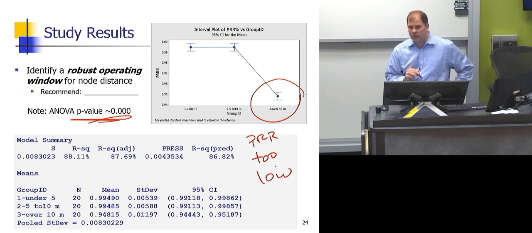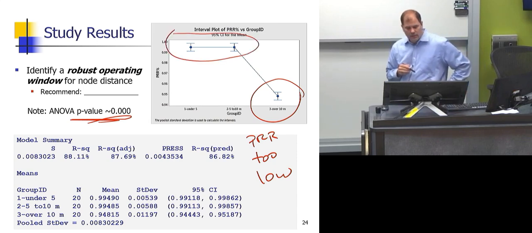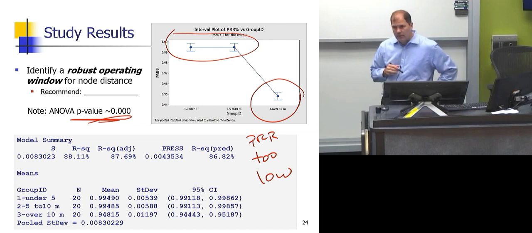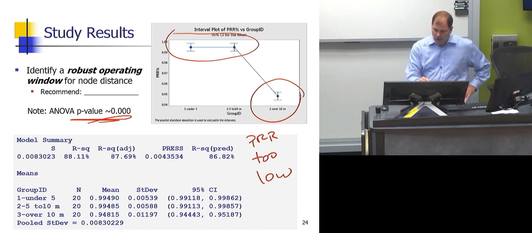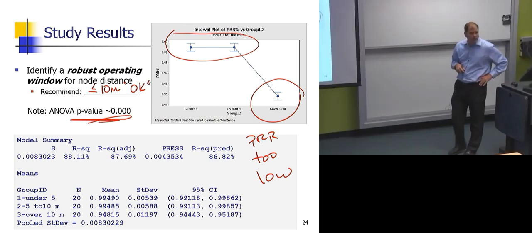Becomes too low. That's one conclusion. But an equally useful conclusion is that as long as they set the nodes less than or equal to what number? Less than or equal to 10, they should be okay.